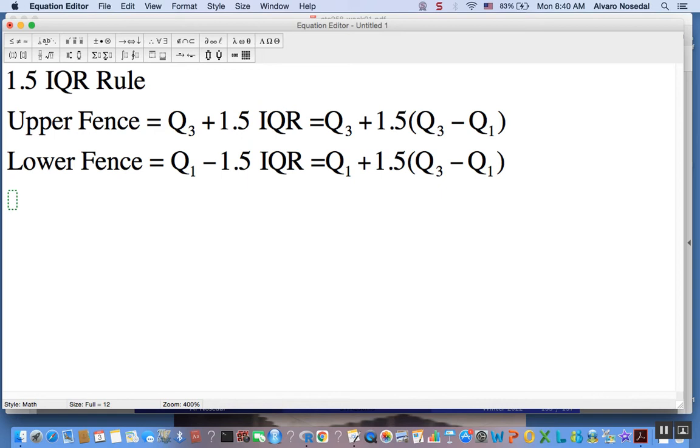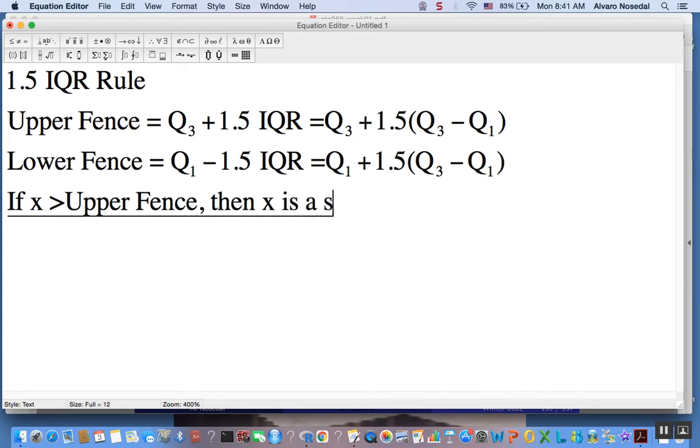if x, a number, is greater than the upper fence, then x is a suspected outlier.